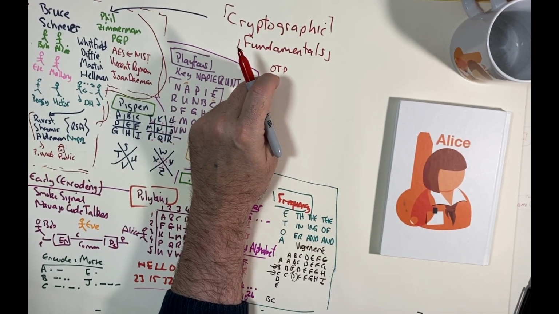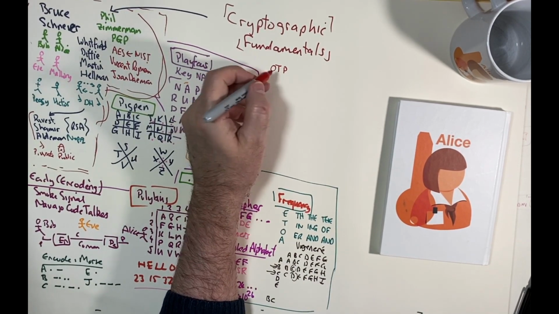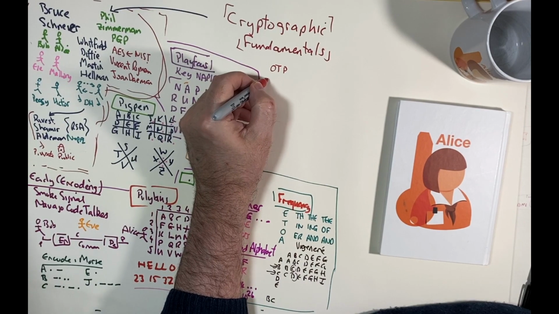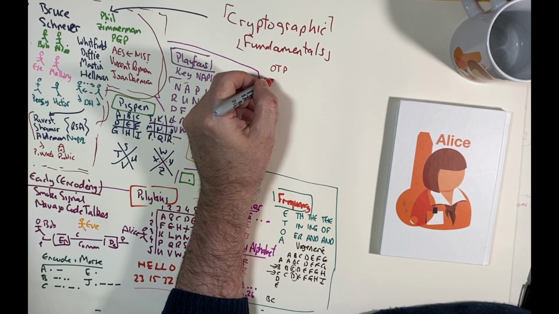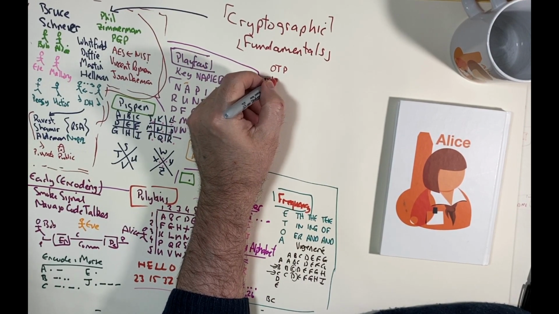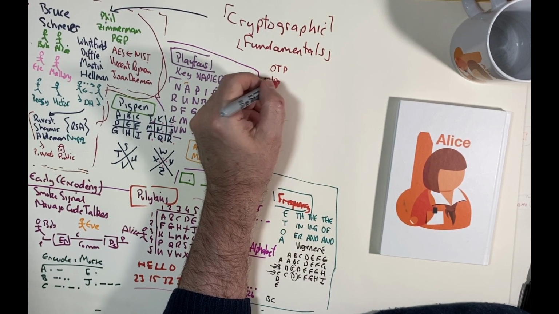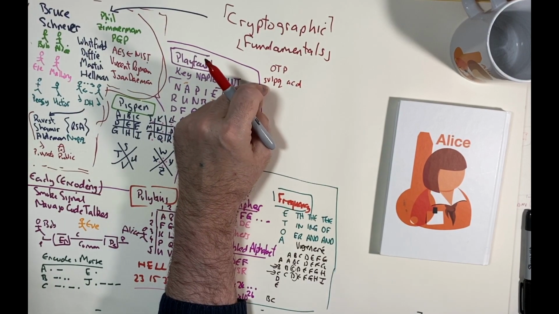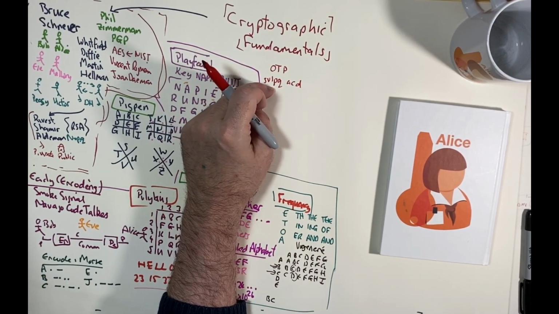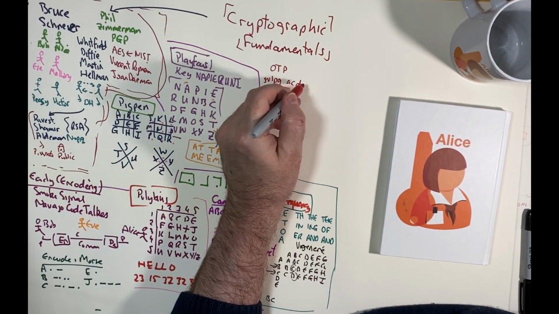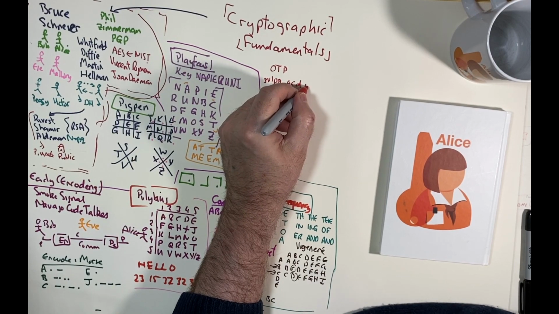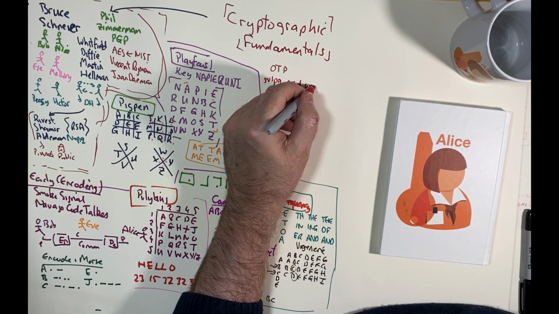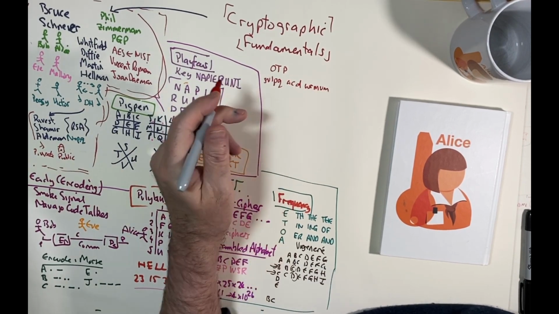With a one-time pad, we'll have some sort of alphabet mapping. So we have a secret codebook that we have, and we can only use this one time.